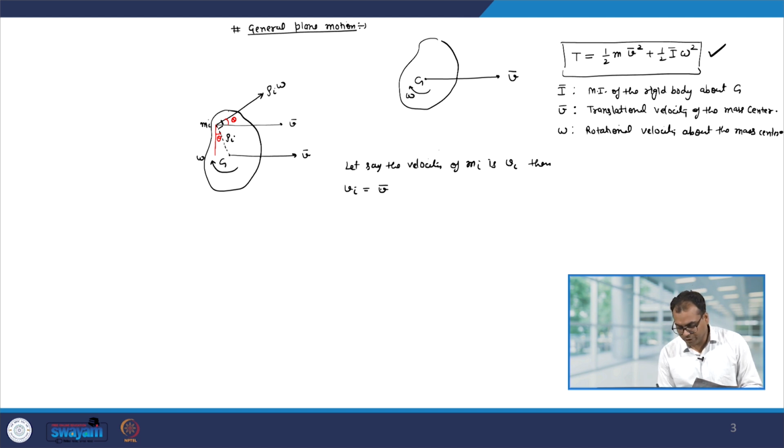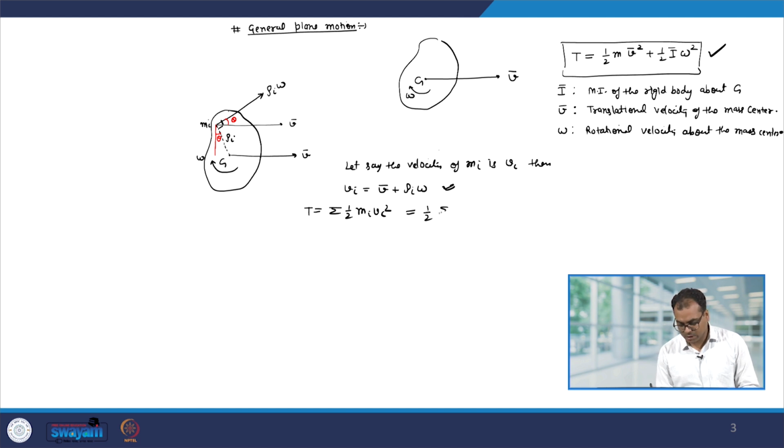So, that will be v bar plus rho i into omega. Now, the kinetic energy T will be the sum of half mi vi square. Let us put the value of vi from here.